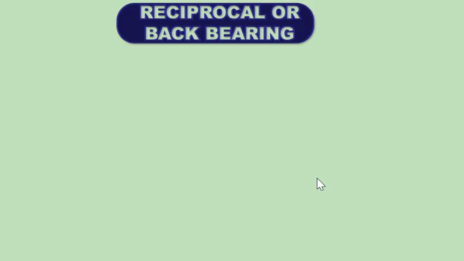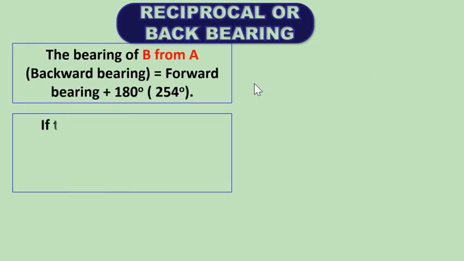And if you're at B and you're looking at somebody at A, that is a back bearing. And we are saying here that backward bearing is equal to the forward bearing plus 180, that is if the forward bearing is less than 180. Take note of that. So therefore, back bearing is equal to forward bearing plus 180 if the forward bearing is less than 180.